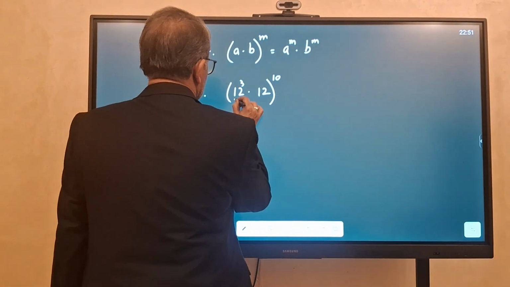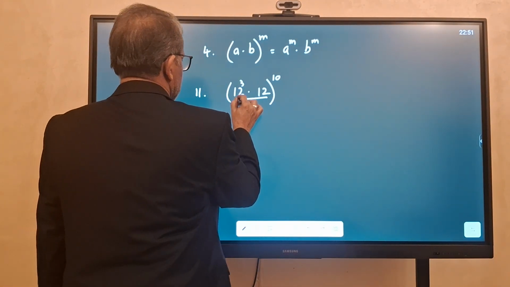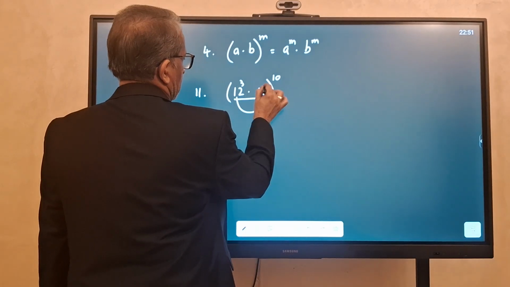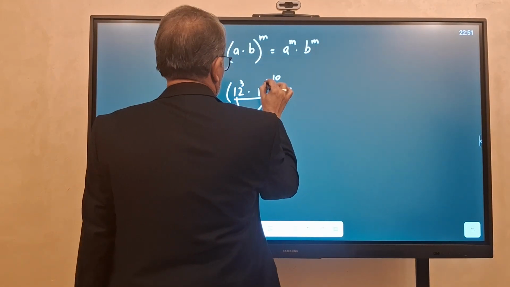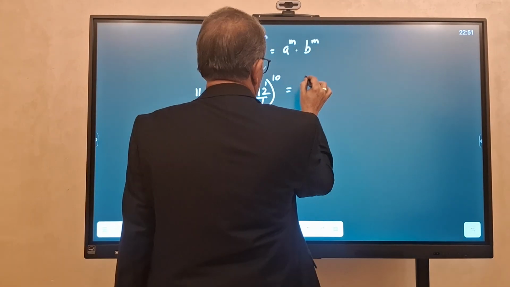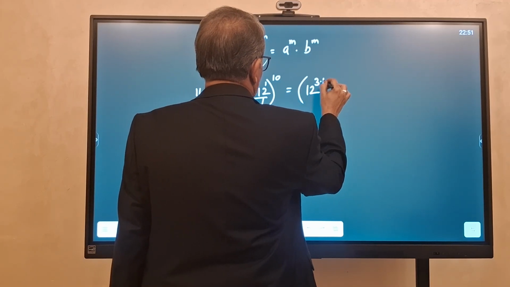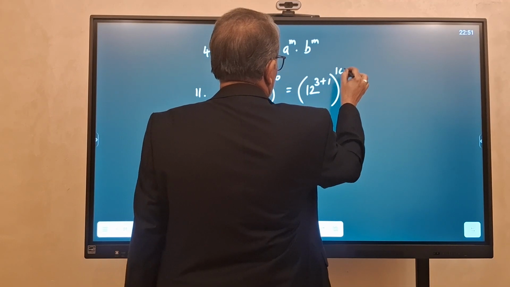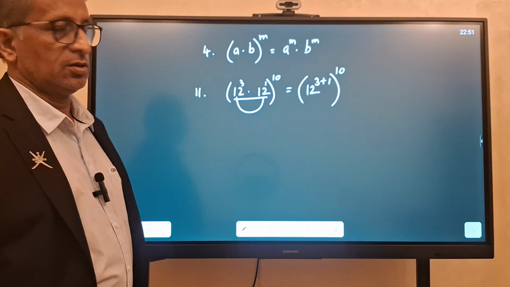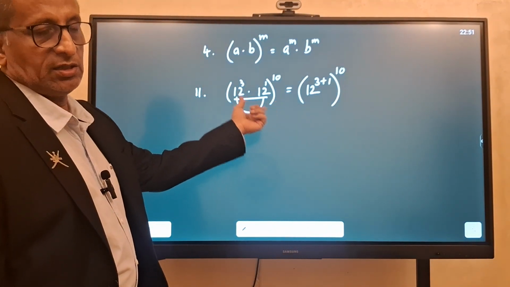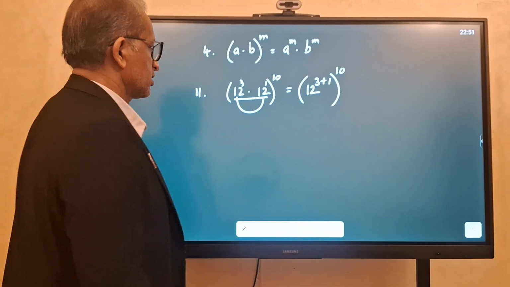That means first you simplify this. We have the same base, therefore I can add the powers. So what is the power of 12? It is 1. So inside, 12 power 3 plus 1, whole power 10. Always first finish the inside, then go to the outside.